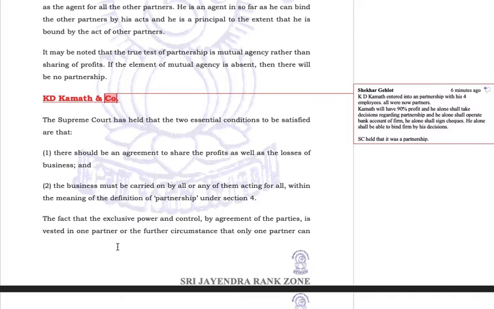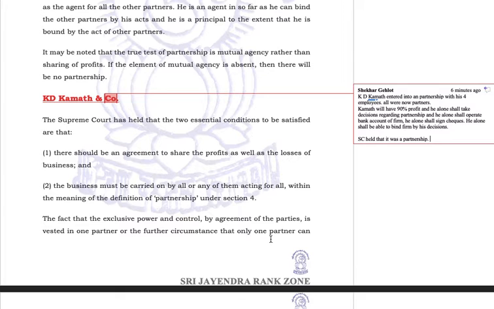The fact that exclusive power and control, by agreement of the parties, is vested in one partner. Here the exclusive power and control is given to K.D. Kamath by agreement of the parties. All the control and power is vested in K.D. Kamath.